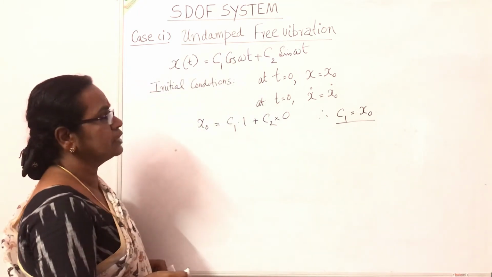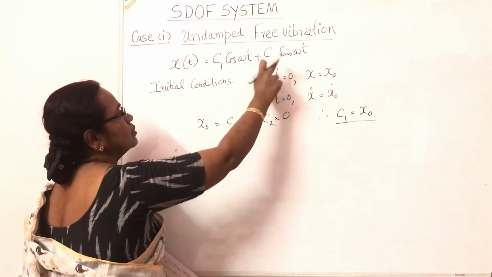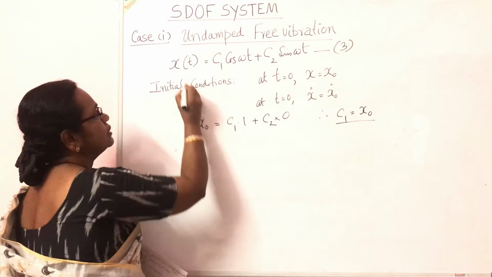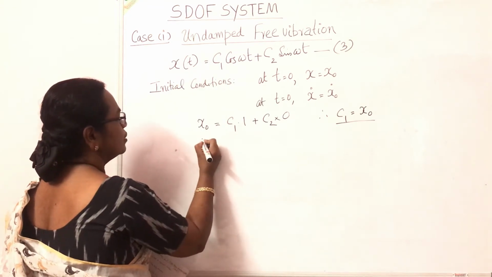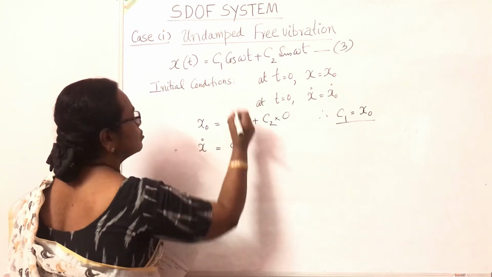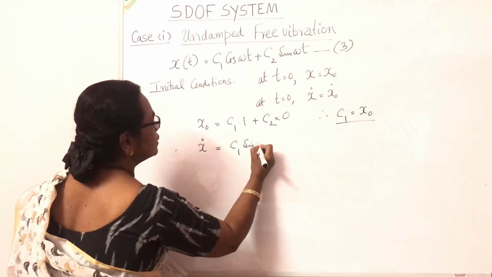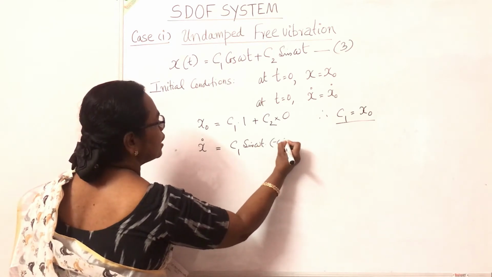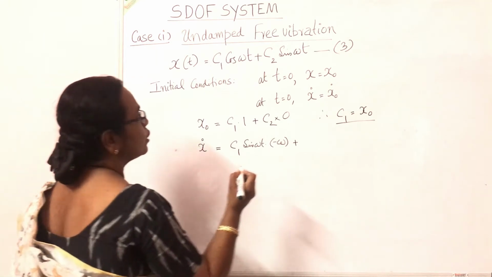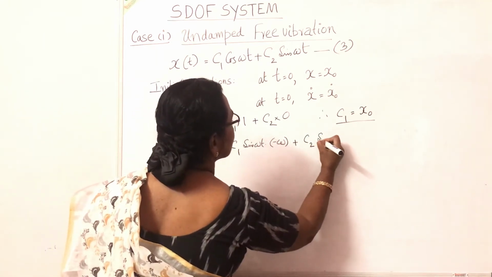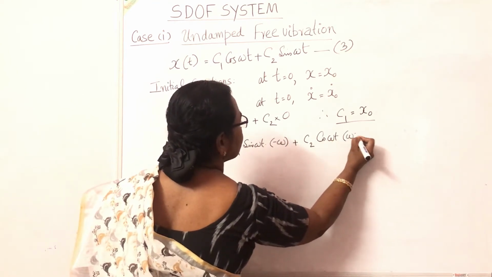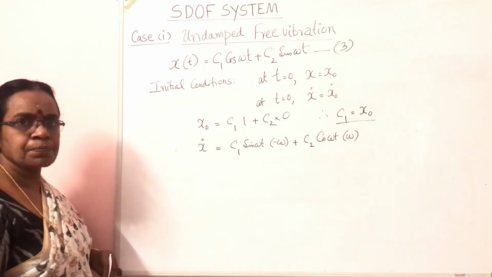To get C2, we differentiate this expression, which was equation 3. When you differentiate x, dx by dt or x dash is equal to C1 times the derivative of cos omega t, which is minus sin omega t into omega, and C2 into the derivative of sin omega t, which is cos omega t into omega.